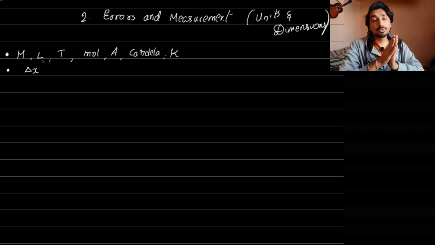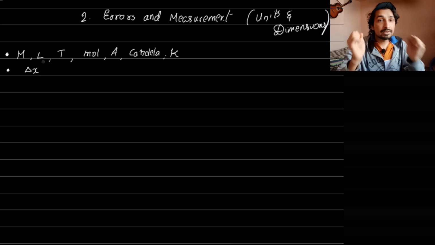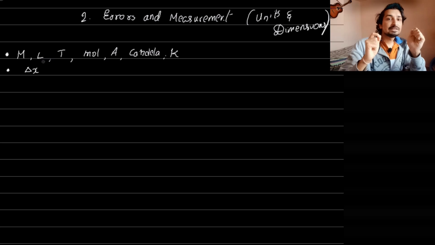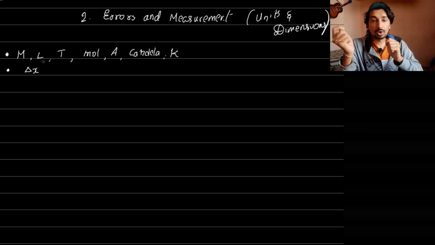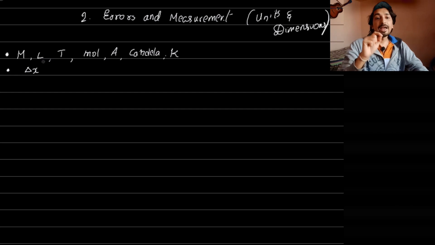If the actual value is, say, 10 centimeter, an object is 10 centimeter, but my device shows 10.1 centimeter, or I get 10.5 centimeter when I measure it, it means my error is 0.1 or 0.5. So error is nothing but a mistake. It shows there is some deviation from the actual value, and that is represented by delta x.